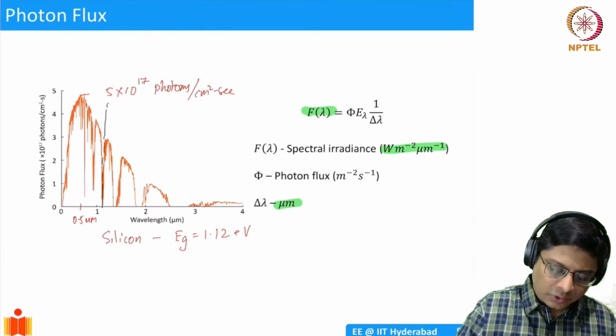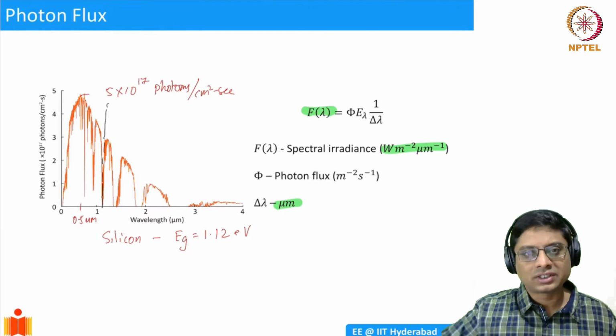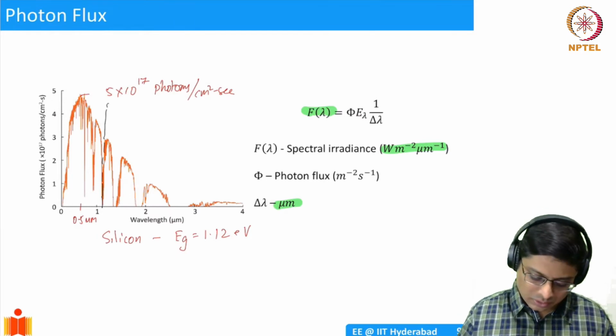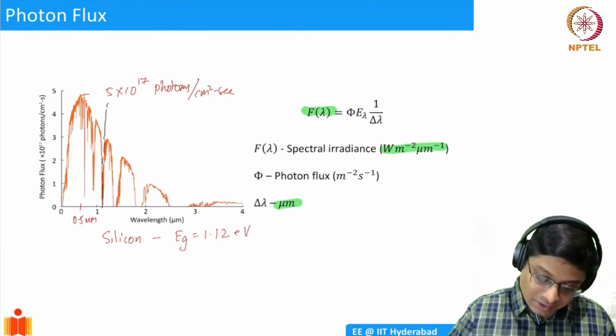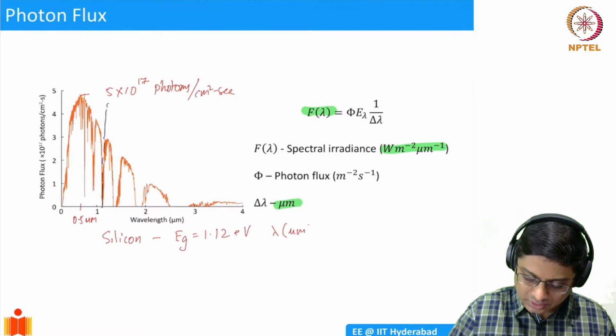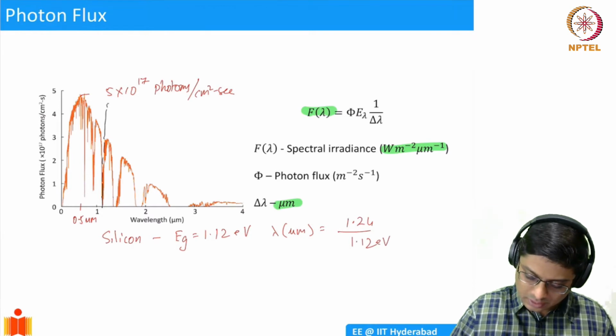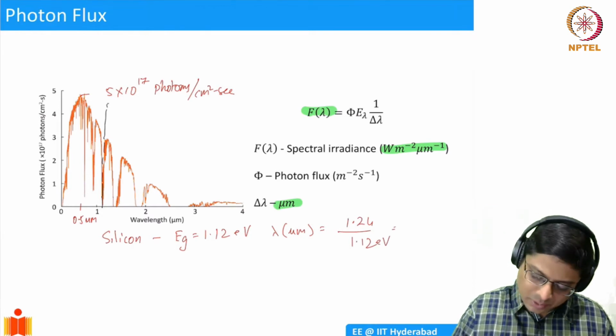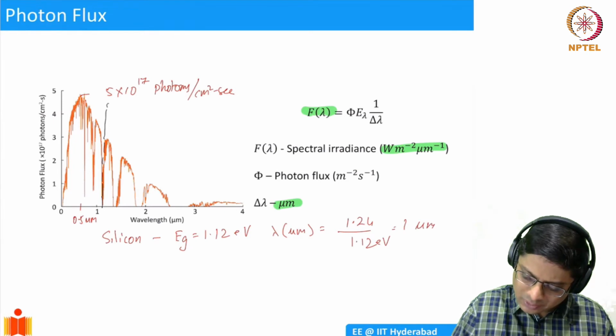So if your photons have a wavelength higher than this number, 1.12, oh sorry, this is 1.12 eV. Well, I should actually do a calculation. So lambda in micrometers is going to be 1.24 divided by 1.12 eV. That will be roughly about 1 micrometer, roughly 1.1 micrometer maybe.